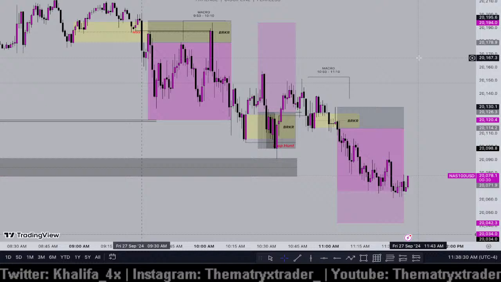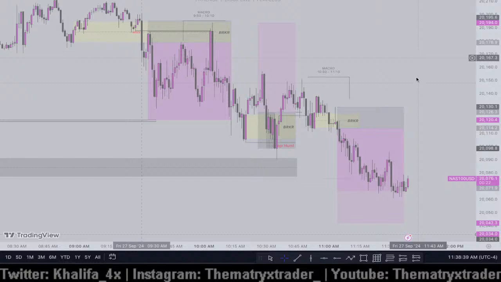Whoever is in this trade with me, could you let me know?